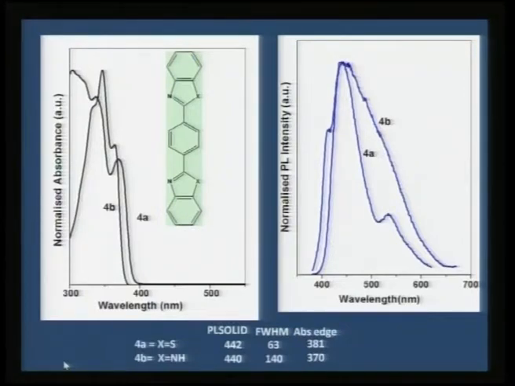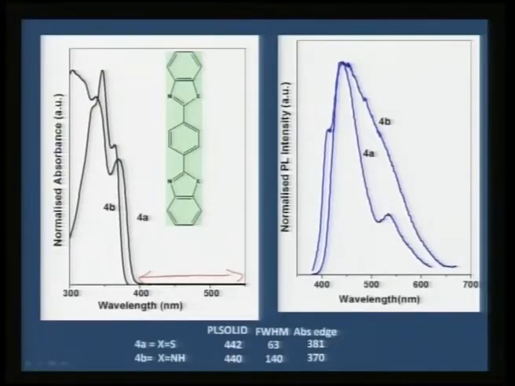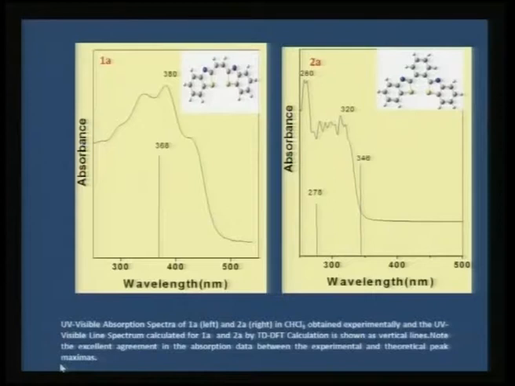If you keep the benzheterole rings away from each other, not in closer proximity, then you can see that there is no tailing of this band and there is no tailing here, and you can also see that these have sharp bands below 400 nanometer, and the emission spectra are more concentrated towards the blue region. So this is quite true of both the thiazole as well as imidazole moieties.